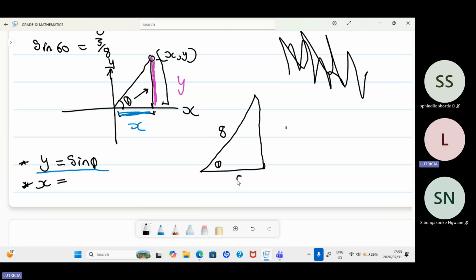Okay, based on what we have learned before, if I asked you to find the value of y, how are you gonna calculate it?